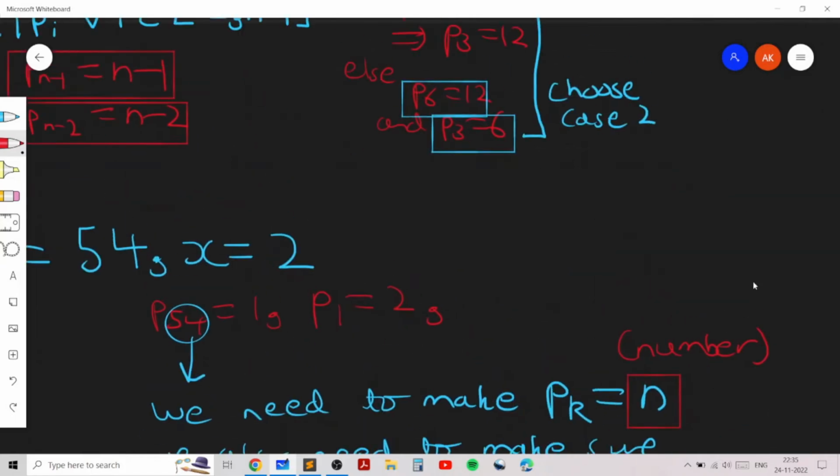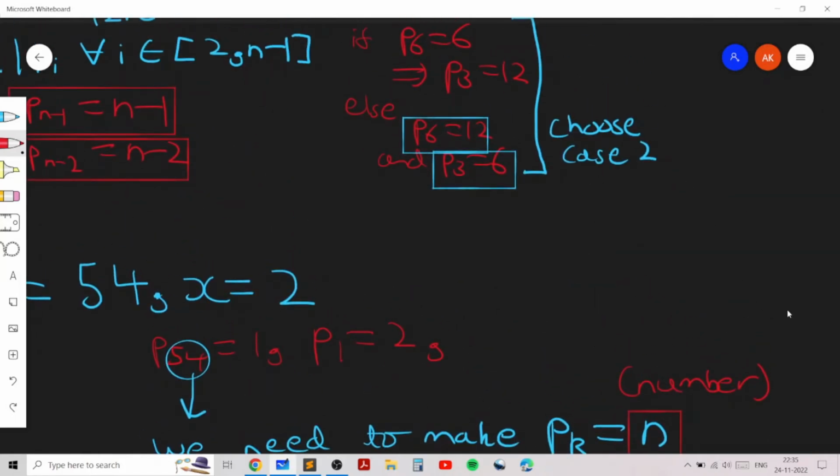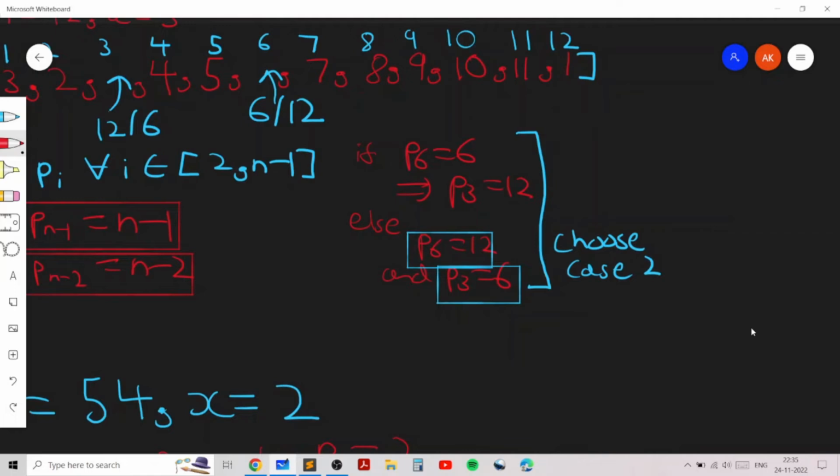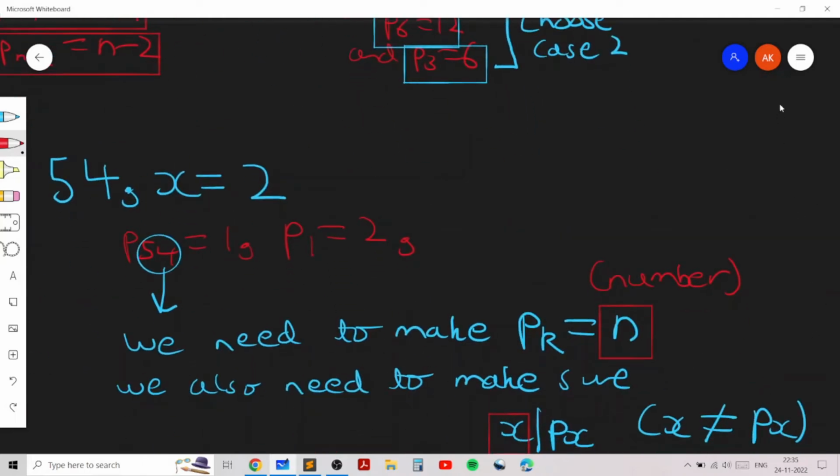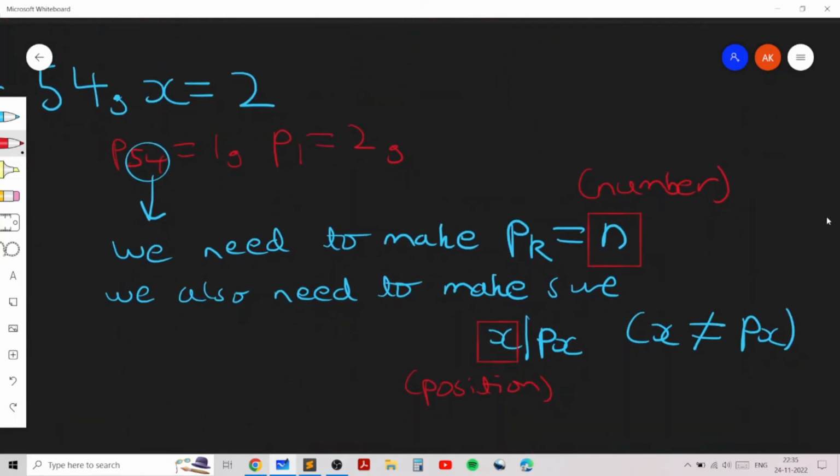But as we noticed, there was a cleverer way of shifting the elements cyclically. So if you shift 3 to 6 and if you shift 6 to 12, then you will get a better solution. Basically, if you put 6 over here and 12 over there, you'll get a better solution if you move the numbers backwards by some factor.